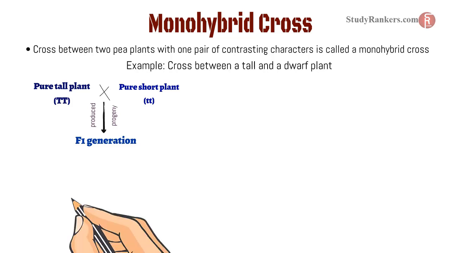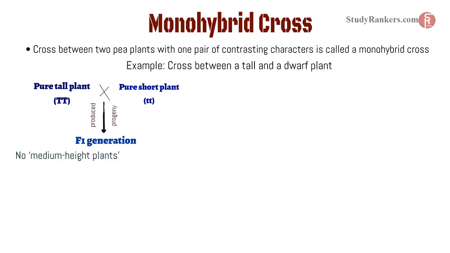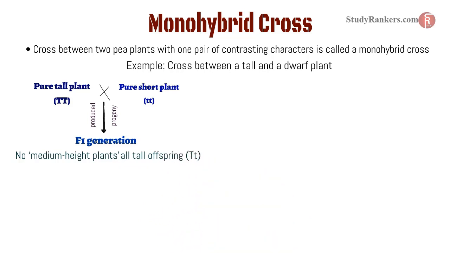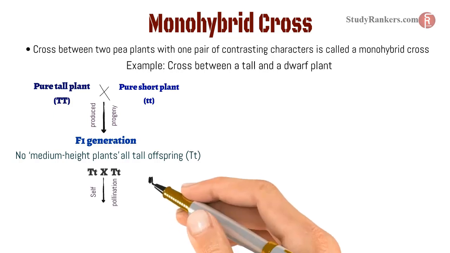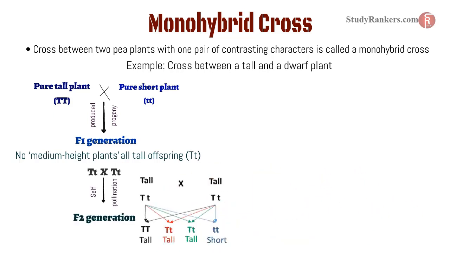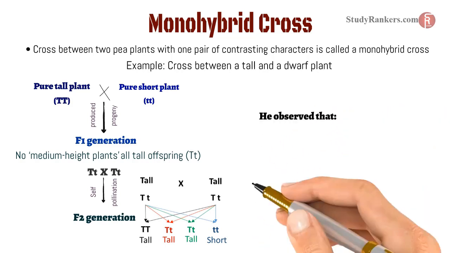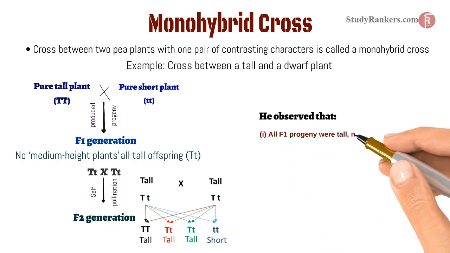There are no medium height plants. All plants were tall offspring, denoted by capital T and small t. F1 plants were left to self-pollinate, giving the F2 generation. He observed that all F1 progeny were tall, no medium height plant.